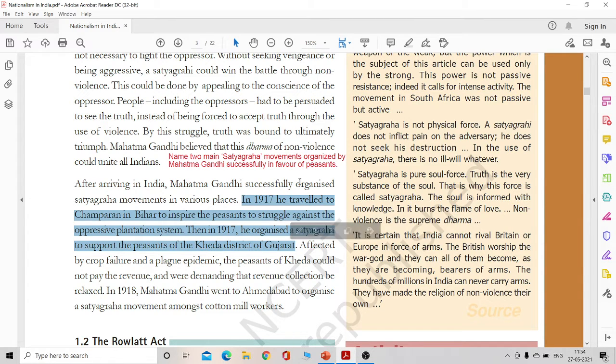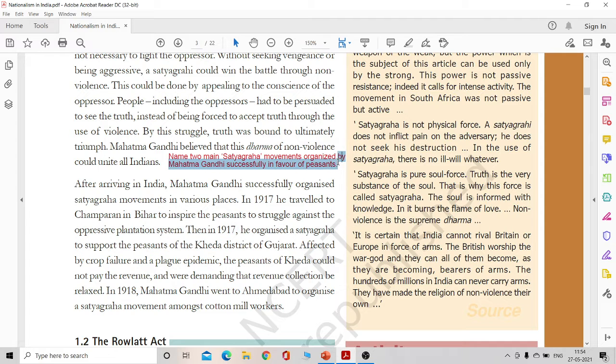If the question clearly mentions peasants, then mention only Champaran and Kheda. Do not mention Ahmedabad. Although there was a Satyagraha movement that Gandhiji planned in Ahmedabad, it was not for peasants, it was for cotton mill workers.